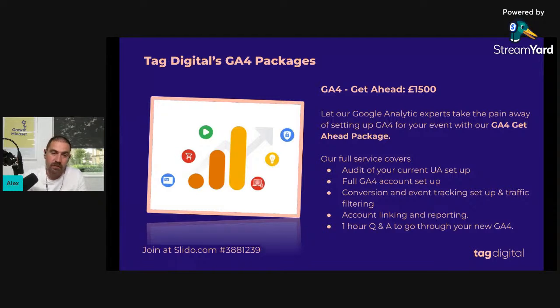It's £1,500, and basically this includes full service cover: an audit of your current Universal Analytics setup, full GA4 account setup, conversions and event tracking setup, traffic filtering when needed, account linking and reporting, and also training for your team with a 1-hour Q&A, so you can go through everything you have and how you can use it.